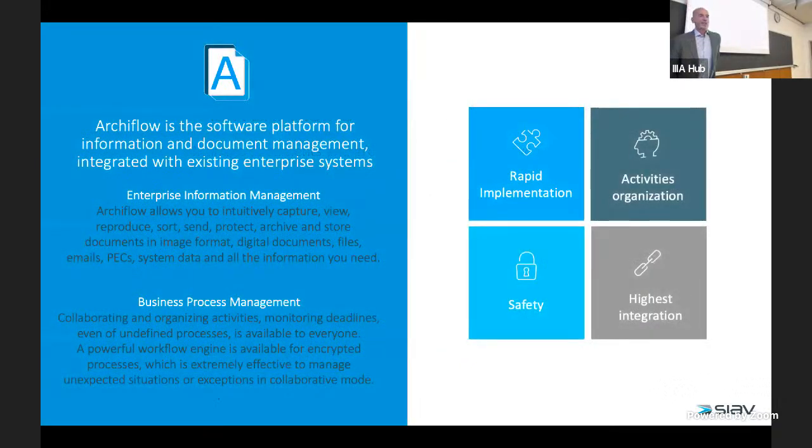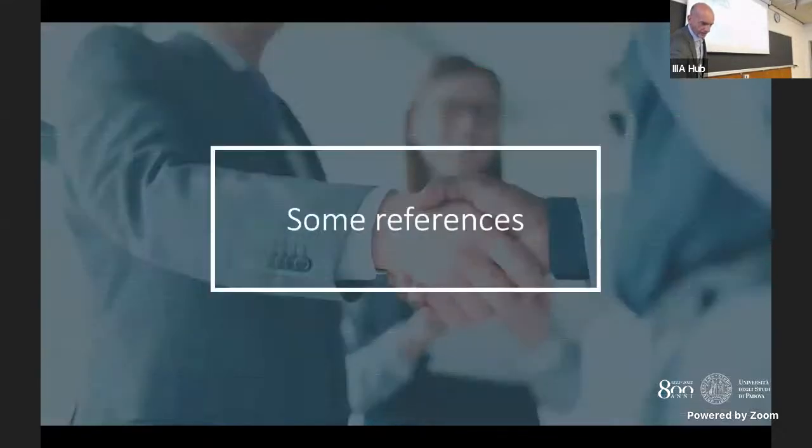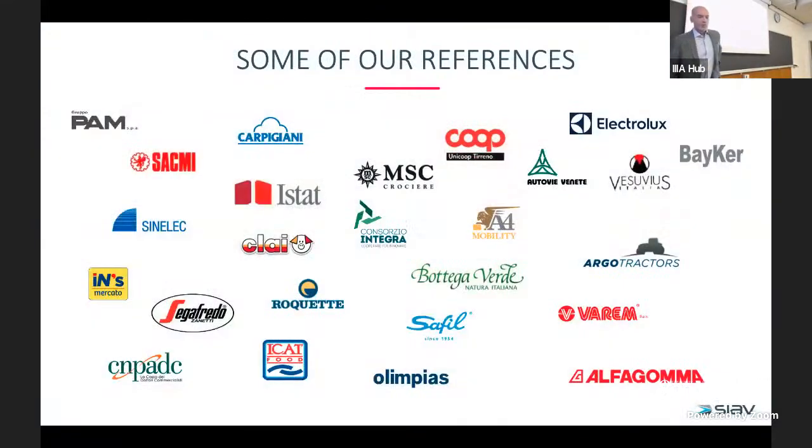Our main product is named Archiflow, and we are actively working on the next generation tool which will be called Syllogen. This is a portion of our customers. We focus on large companies, both in the public sector and in the private sector.